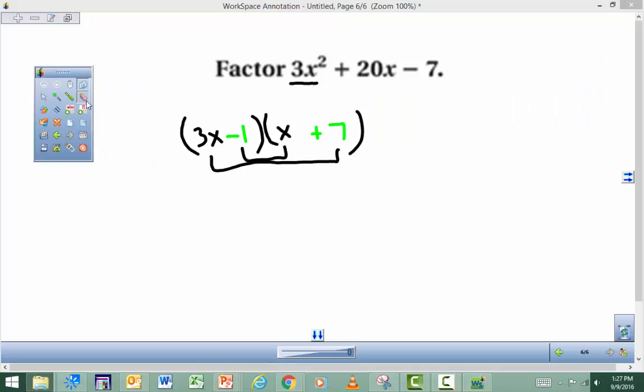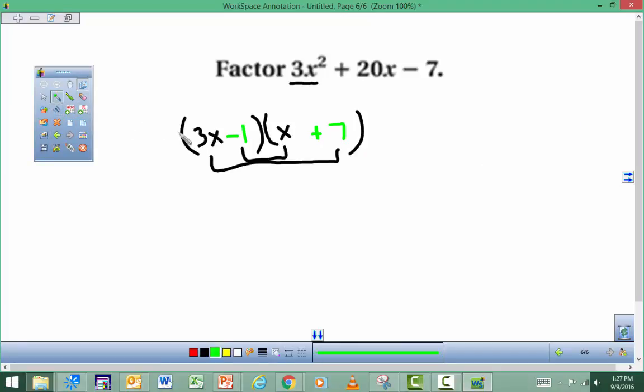So the AC method, we would multiply these two together, and so we get negative 21, right? Bam. And now we're looking for two factors of negative 21 that give us 20 when added, right? And you say, oh, well, that would have to be 21 and negative 1, right? Are you starting to see the connection?